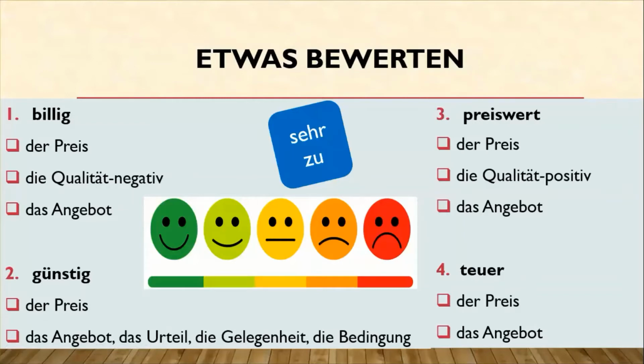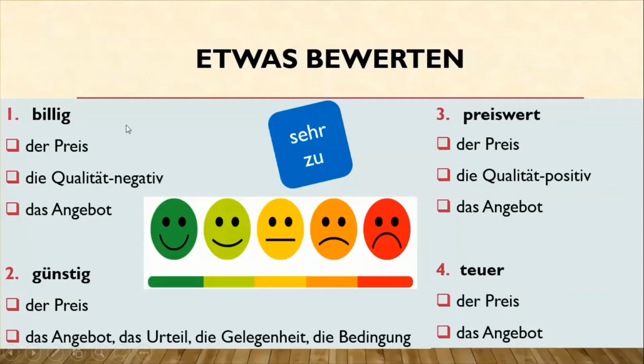There are 4 terms that are used to describe the price in the German language. Billig, günstig, preiswert, and teuer.